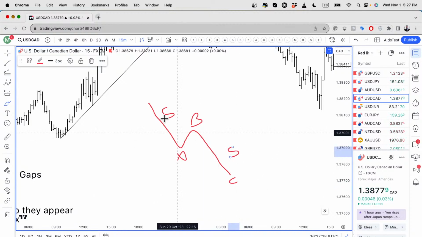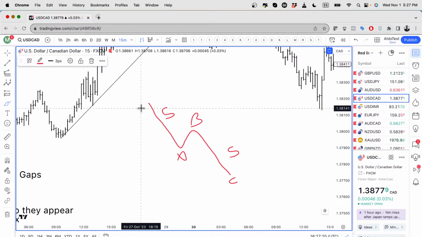So again, the gaps may appear exactly in the same way that I showed you.